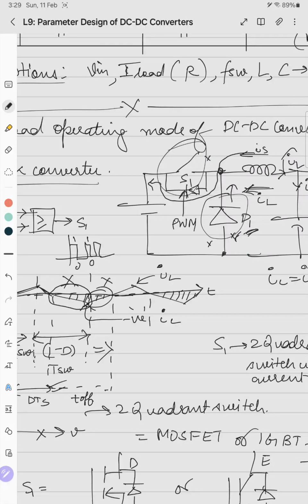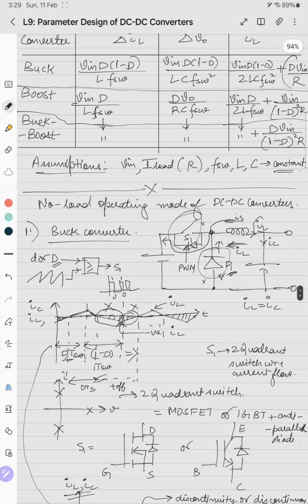So one more state comes into consideration for discontinuous mode. Earlier there were only two possible states. When the switch is on, the diode used to be off always. When the switch is off, the diode used to be on always. Now a third condition will come where the switch is off and the diode is also off. The diode is off only because of the negative or reverse polarity of the inductor current.